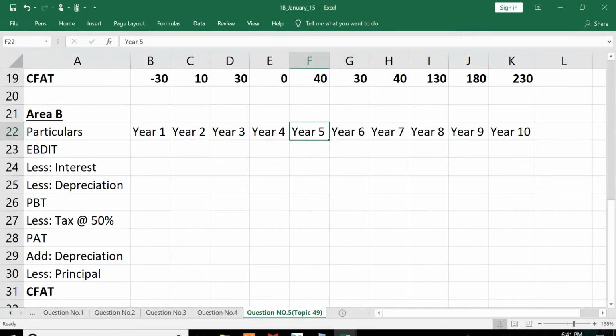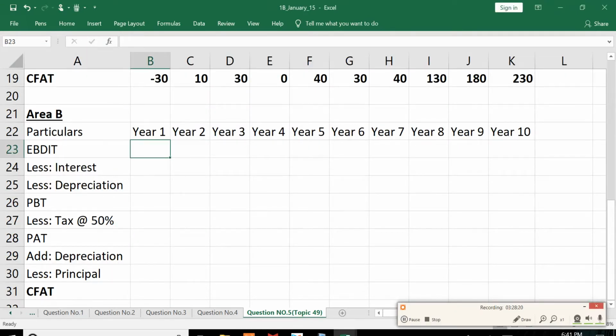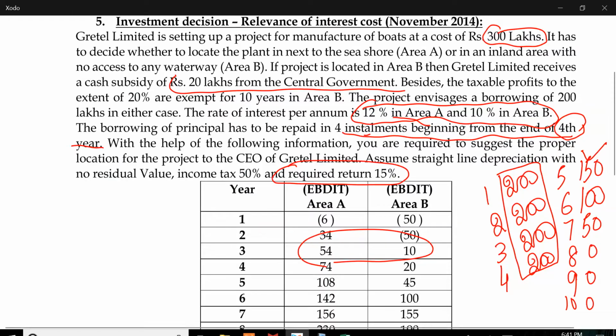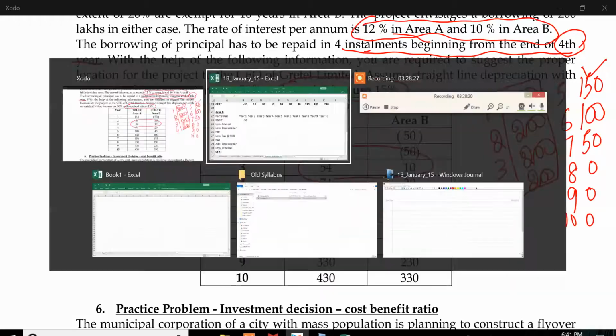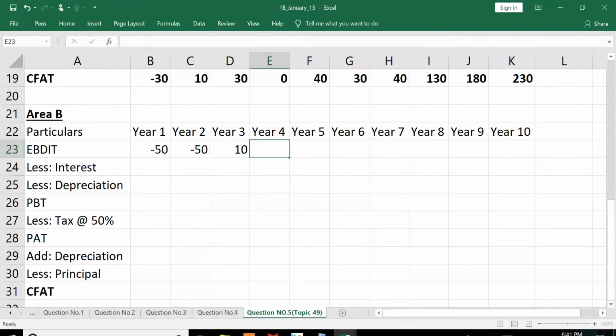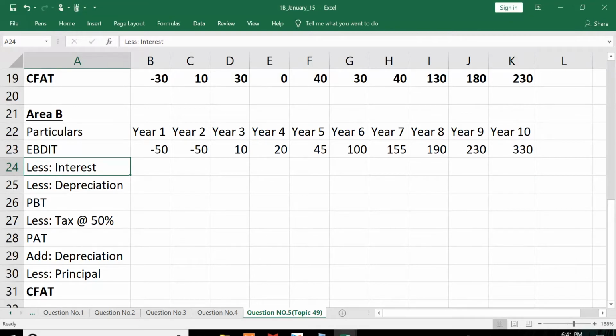EBDIT is given: minus 50, 10, 20, 45, 100, 155, 190, 230, 330.